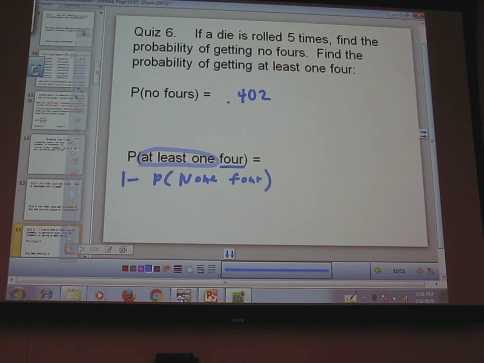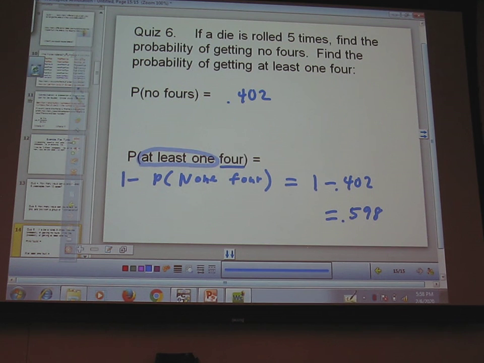I know that's bad in English, but just live with it. None 4 means no 4s. Everybody on board? And do we know no 4s? We found no 4s already. Everybody all right with that part?